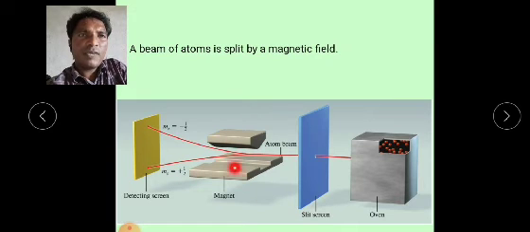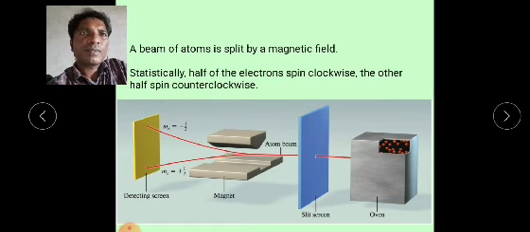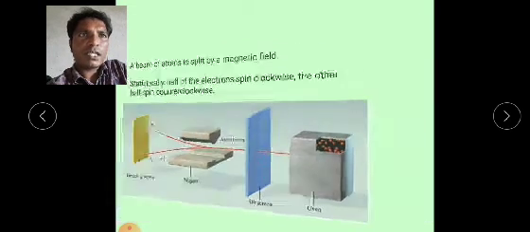What happens when this atom beam is emitted from the oven is that half of the spin goes in the upward direction, and half of the spin goes in the downward direction. We can see this on the detecting screen. Statistically, half of the electron spins are in the clockwise direction and half are in the anti-clockwise direction.